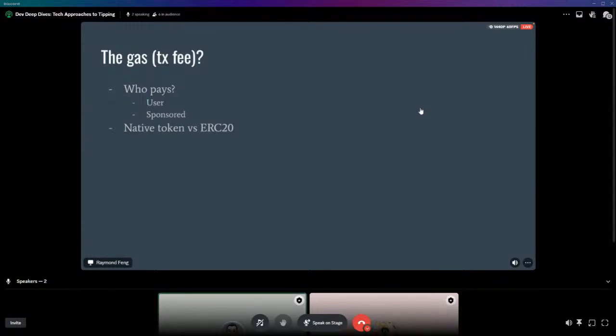Then for the gas fee itself, it's similar to the social funding for tipping, right? You need to have some valuable asset to cover the gas fee, and that could be the native token, could be an ERC-20 token. Say if you want to tip Collab.Land token from A to B, right?